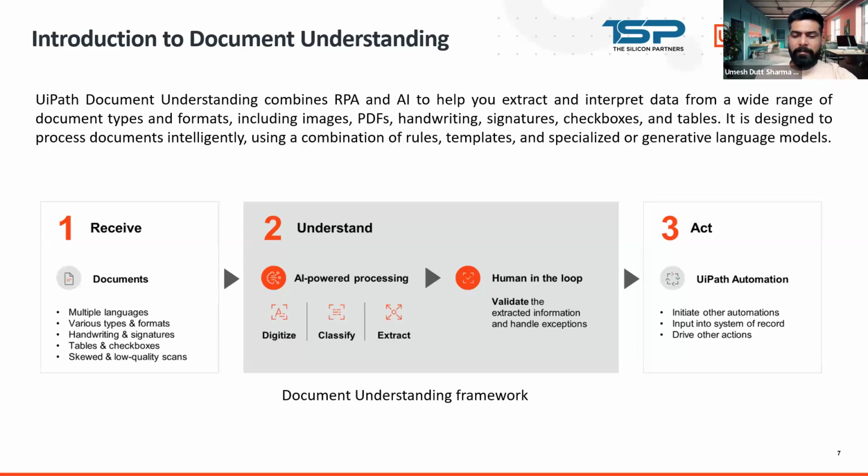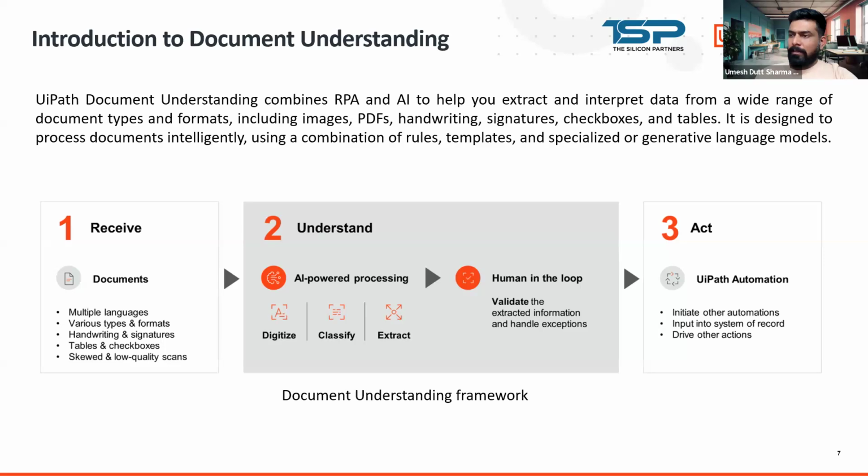Classification is nothing but identifying what the document type is on the business side. Then extraction is done using different capabilities in the document understanding framework, which can include ML skills, regular expressions, form extractor, and others as well.